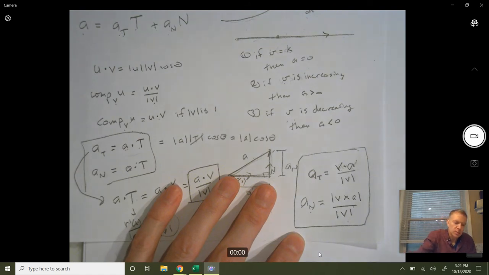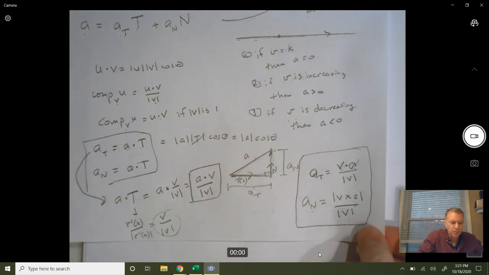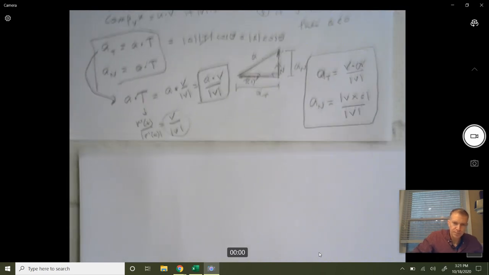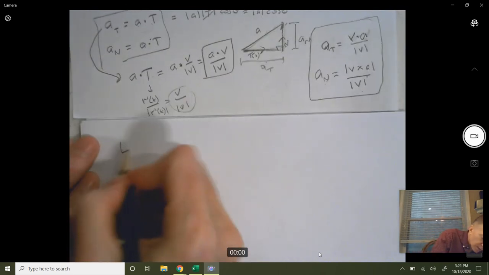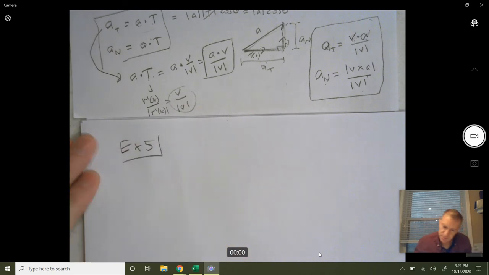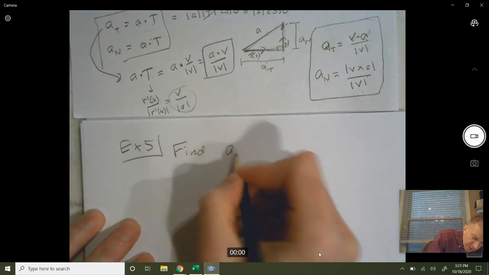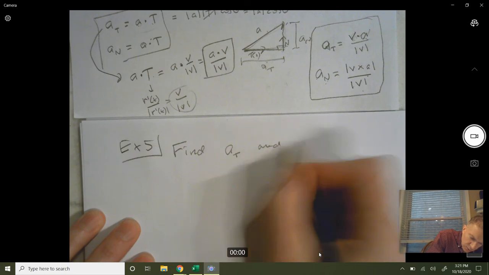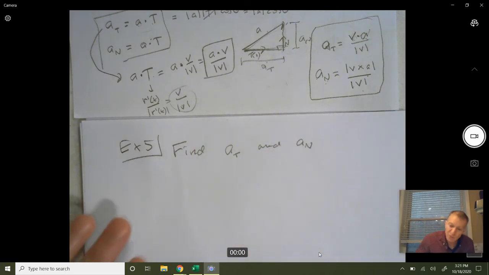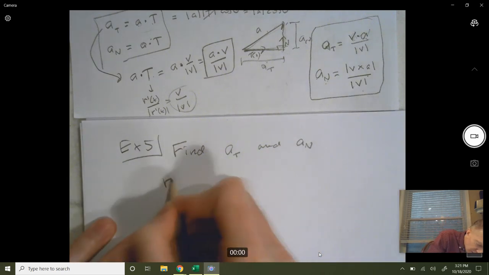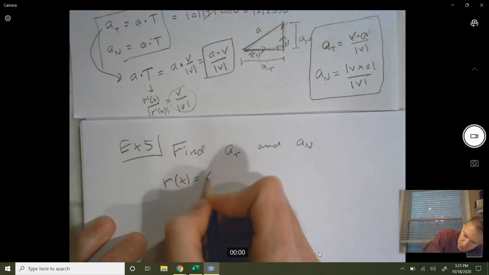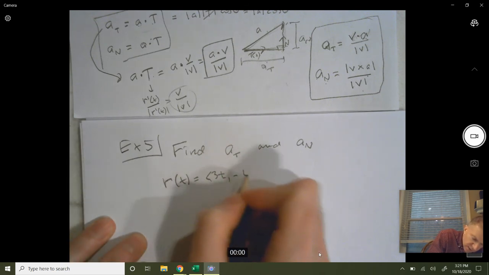Okay, so I just want to go over one example. Let's go over example 5 in the book. Example 5 says, find the tangential and normal components of acceleration for the position vector given by r of t equal to 3t, negative t, and t squared.